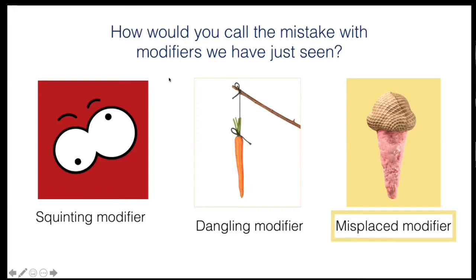Any ideas, how do we correct a misplaced modifier? What's the main strategy? Just moving it along the sentence. Usually it should be easily done, so you don't need to rewrite the sentence a lot. Normally you just put it where it belongs, more or less, and then it should work.